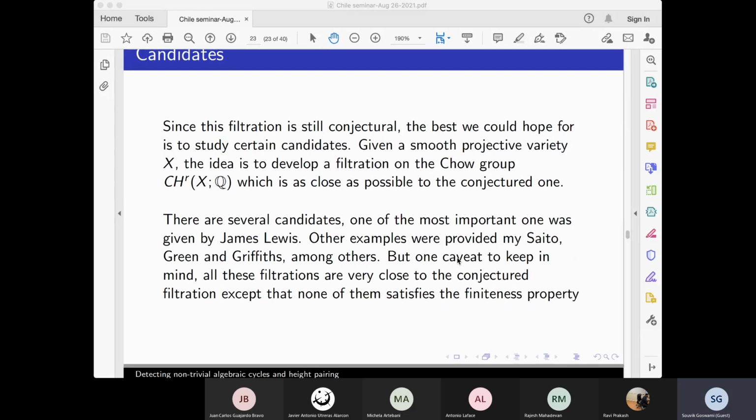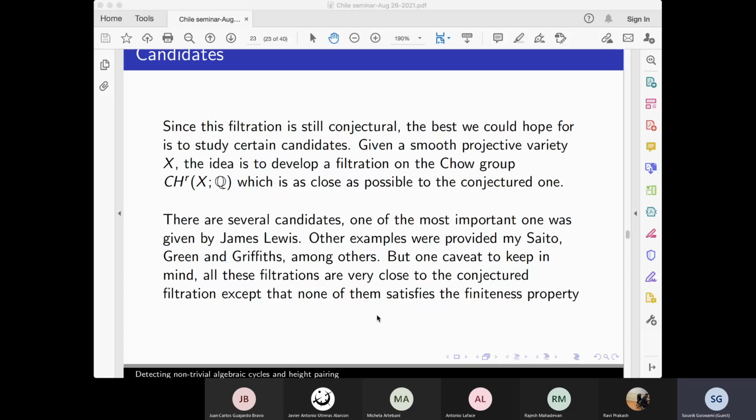Even though there is no filtration as such for the moment, there are several candidates for such filtrations, and each of those candidates is important to study in its own right. Morihiko Saito, Green and Griffiths, and my supervisor James Lewis gave different examples of such filtrations, with the caveat that all these filtrations fail the finiteness property.